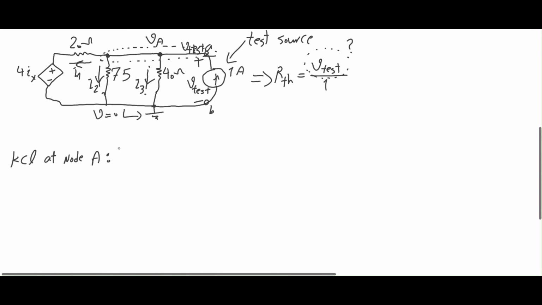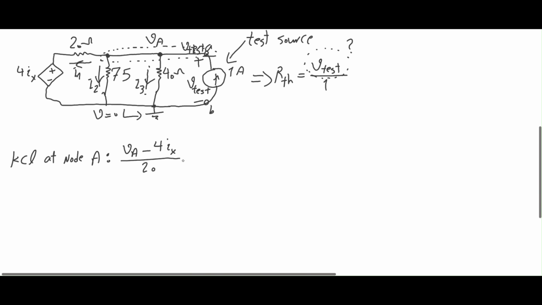So what is I1? The voltage of the starting point, which is VA, minus the voltage of the ending point, which is 4Ix, and divided by the resistor. What's the resistor that I1 flows into?